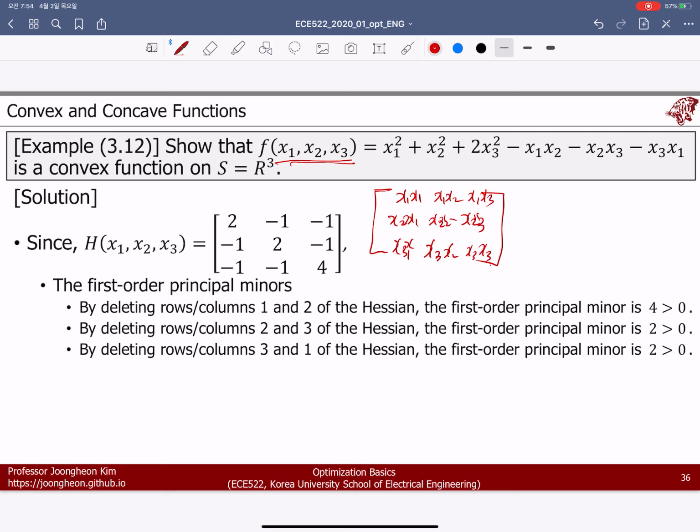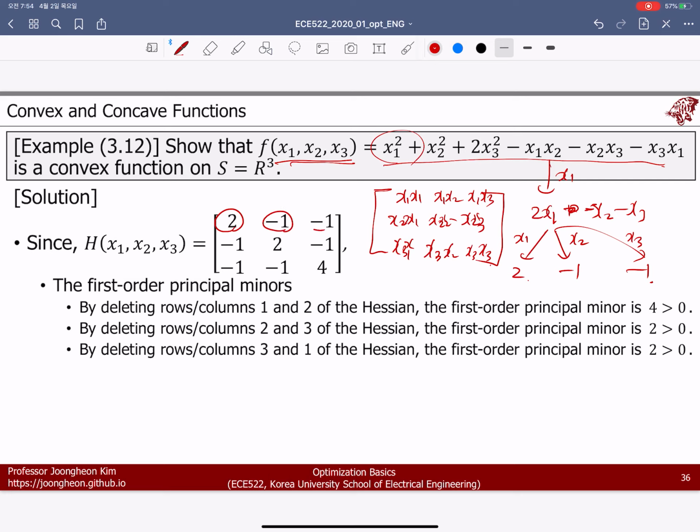So let's take the derivative with respect to x1 first, and it becomes 2x1 minus x2 minus x3. Then when you take the derivative with respect to x1 again, it becomes 2. With respect to x2, it becomes minus 1. With respect to x3, it becomes minus 1. That's why this row becomes 2, minus 1, and minus 1.